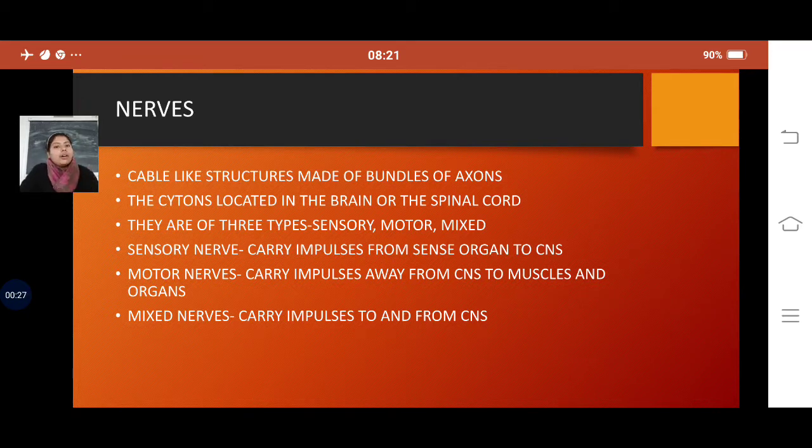Now what are nerves? Nerves are basically cable-like structures. They are long fibers, or you may say they are cable-like structures. Like how the electricity reaches your home, or how the connection of television is set up at your home, by the cables, with the help of wires, wirings.